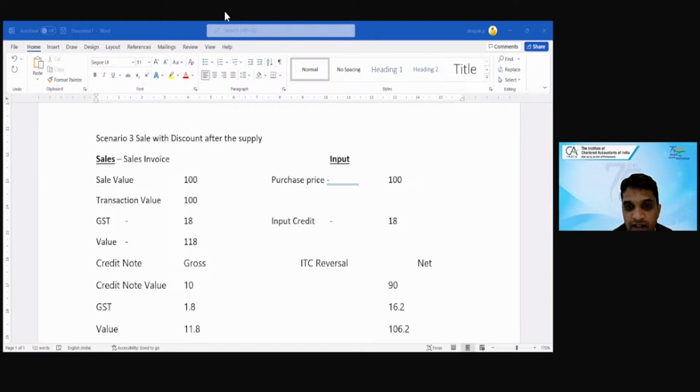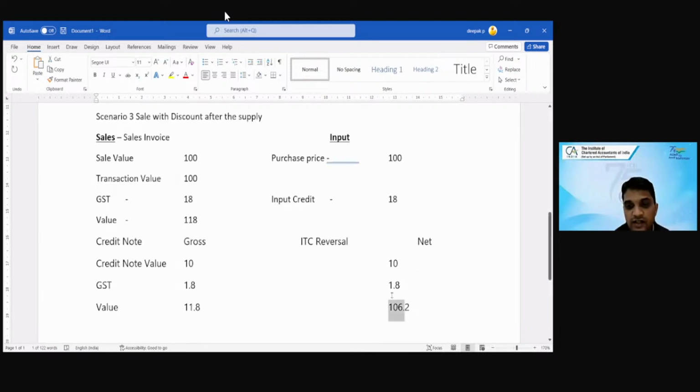He will have to do ITC reversal to the extent of 1.8. Correct. So he has to do ITC reversal of a value of 10 and GST of 1.8. So that is what the condition is saying, that he has to reverse the ITC, then your discount can be reduced from the sale value.